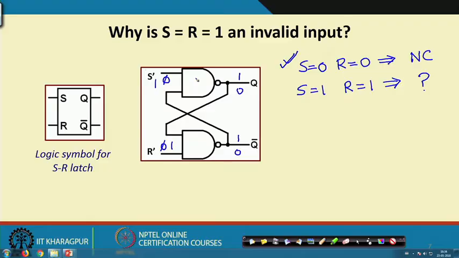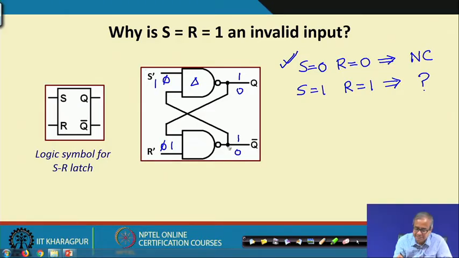Suppose this gate is faster and this gate is slower. So, if this gate is faster, then this 1 1 was there earlier, this 1 and 1 will cause this to become 0 first and this 0 will now be fed back to make it 1. So, now we have a stable state 0 and 1, but if this gate was faster, then the reverse would have happened, we will get 0 here and 1 here.